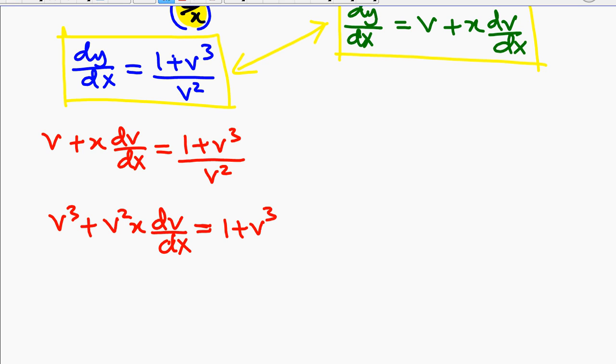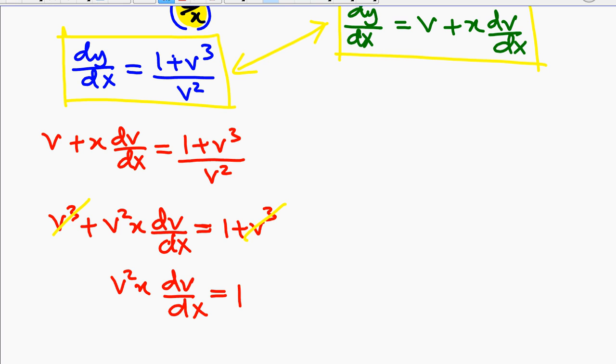Okay, and then what we can do next is cancel these. Our equation becomes much simpler, and so what we have is v squared x dv over dx is equal to 1.